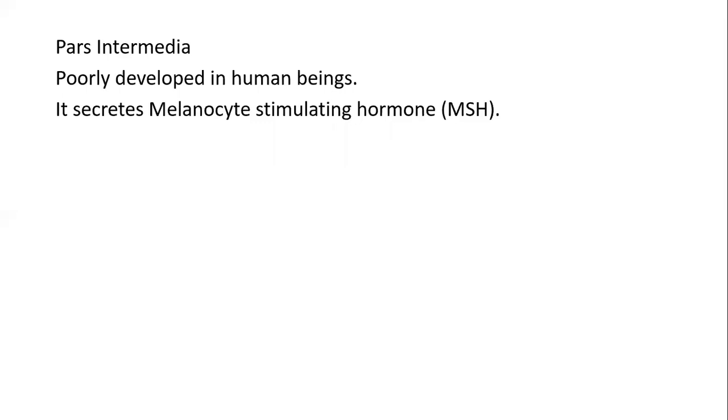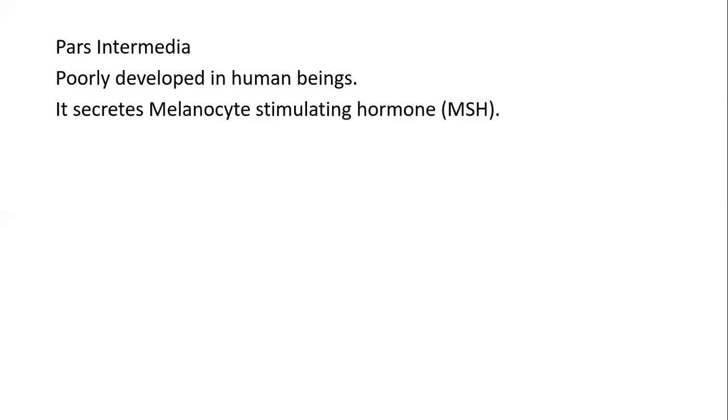This MSH stimulates the dispersion of melanin granules in melanocytes, and it is responsible for skin pigmentation. Which hormone is responsible for skin color? MSH. That is melanocyte stimulating hormone.